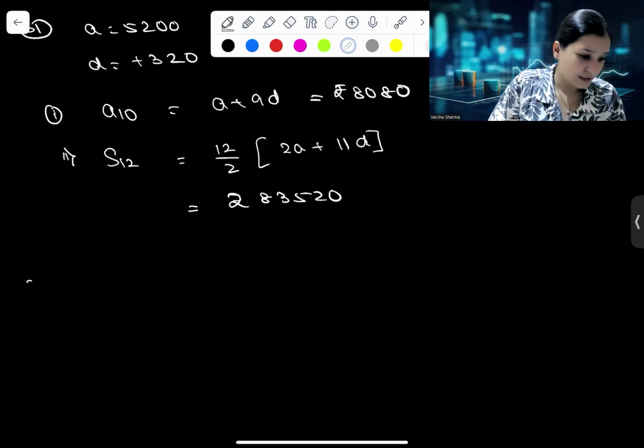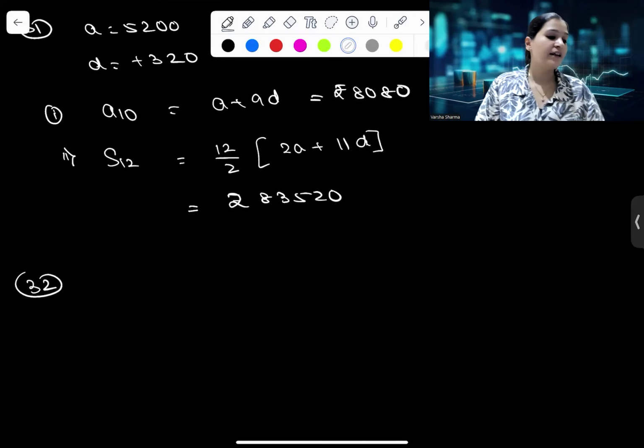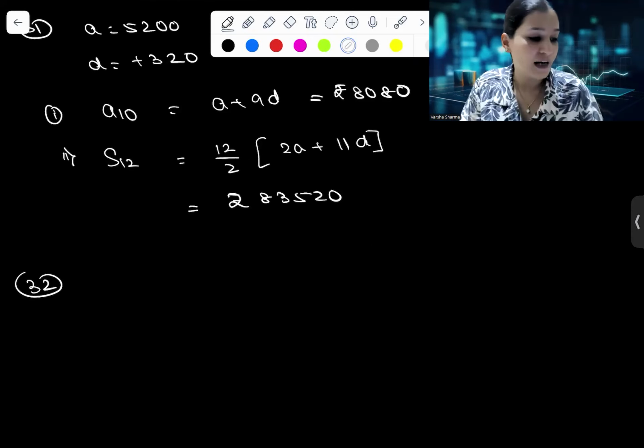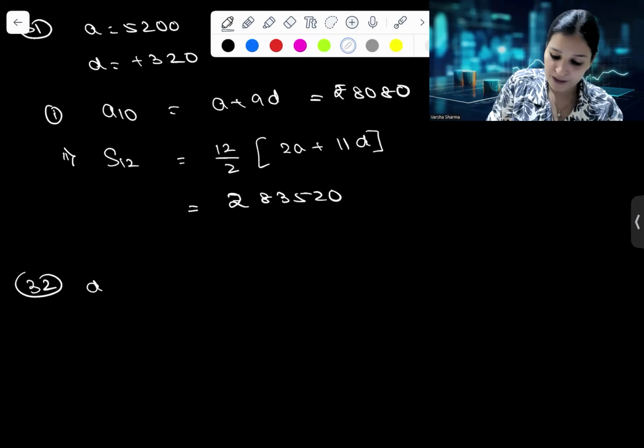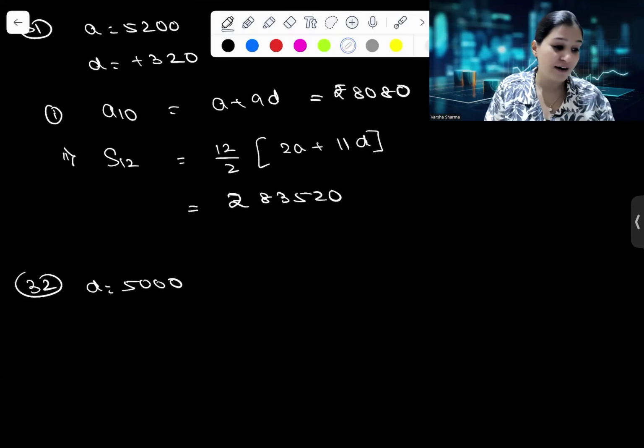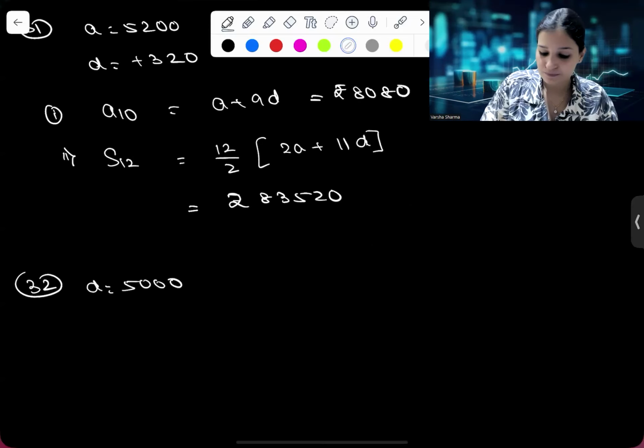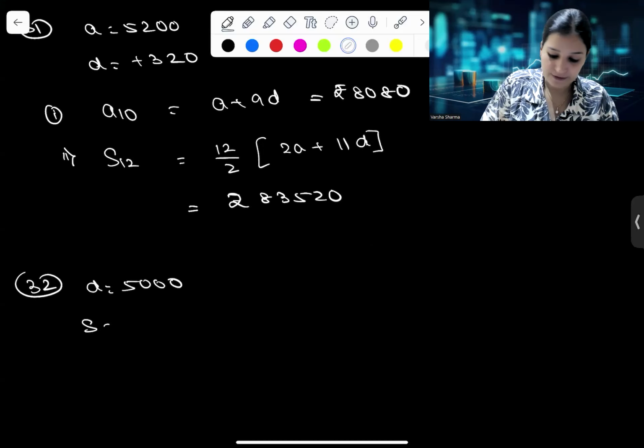Next, 32. A man buys every year National Savings Certificate of value exceeding the last year purchase by 5,000. So common difference is plus 5,000. After 10 years, he finds that the total face value of certificates purchased by him is 2,75,000. What is 2,75,000? S10.